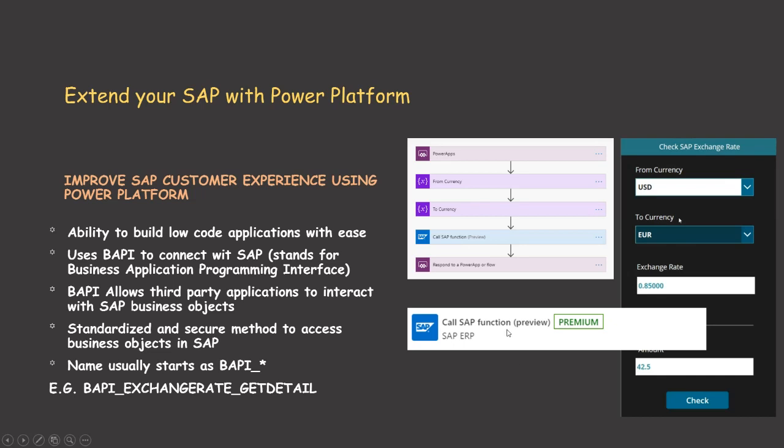You might ask if it is only the standard BAPI that we can use? No, you can customize as well. If you want to have something added into the BAPI, you can add it in by customization from the SAP, and then you can expose it in Power Automate and utilize it. So that's how we can leverage SAP.